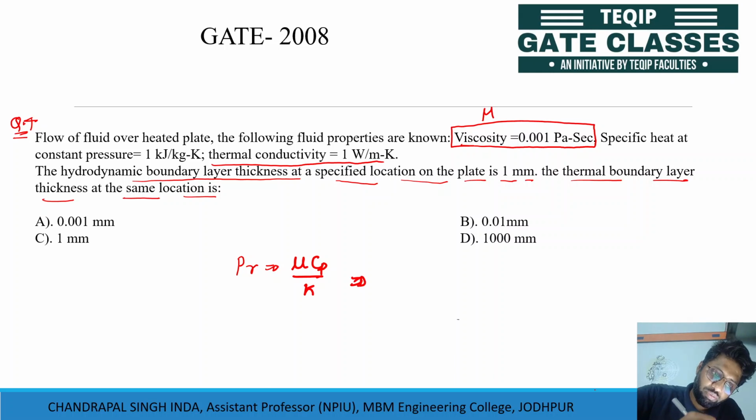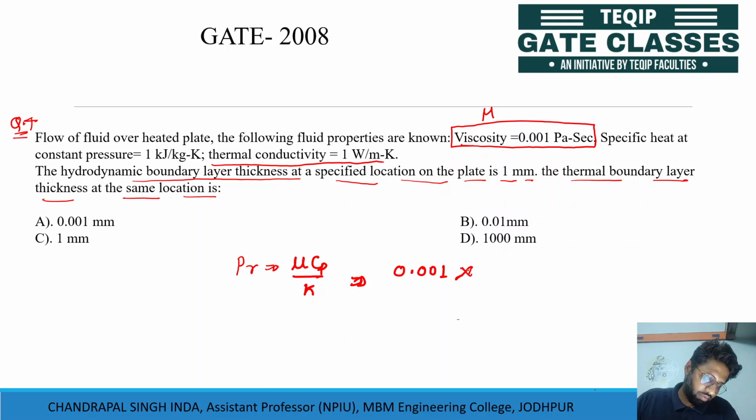Therefore we put the values in the formula: 0.001 Pascal second. Pascal second can be written as Newton per meter square into second, which is the SI unit.